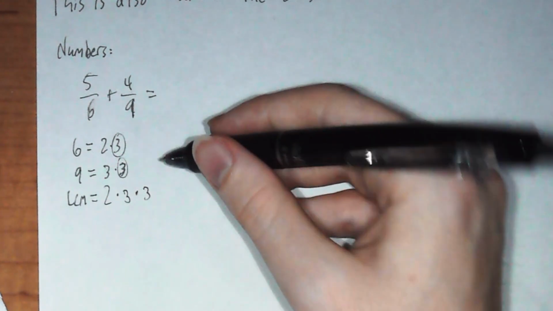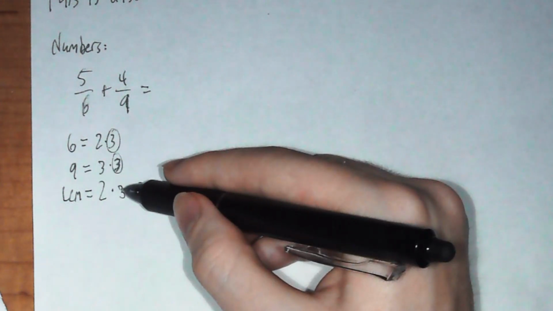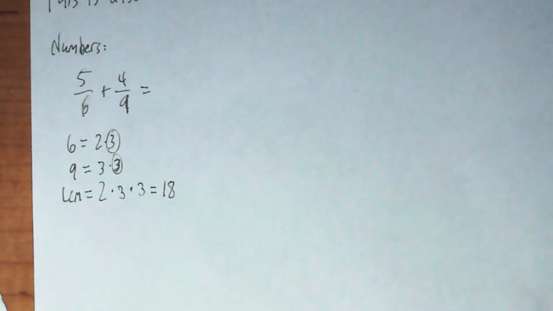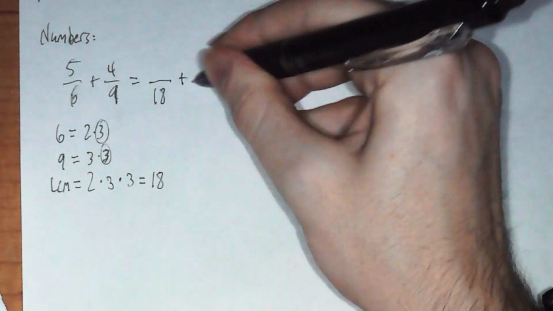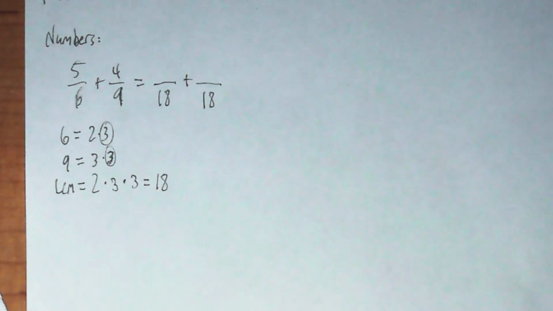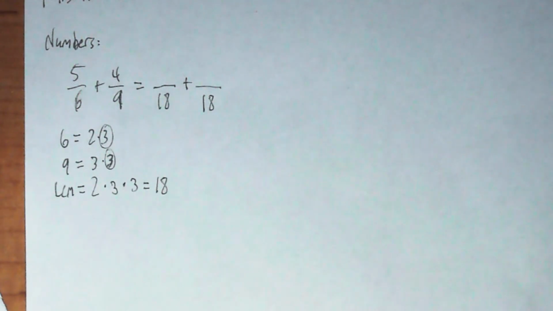So the least common multiple is 2 times 3, which is 6, times 3, which is 18. So this is going to be our least common denominator, which means we can rewrite both of these fractions as something over 18. And this is the smallest denominator that works for both fractions.